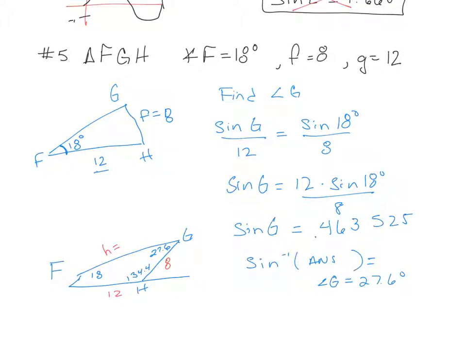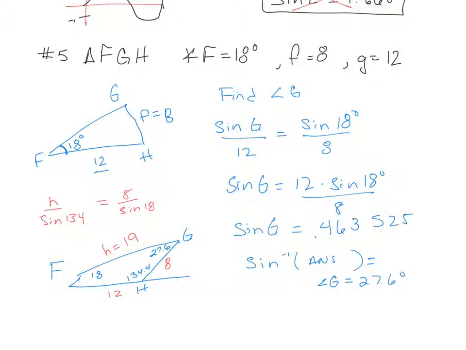I can find h by doing h over the sine of 134 is equal to 8 over the sine of 18, and I get h is 19 here.